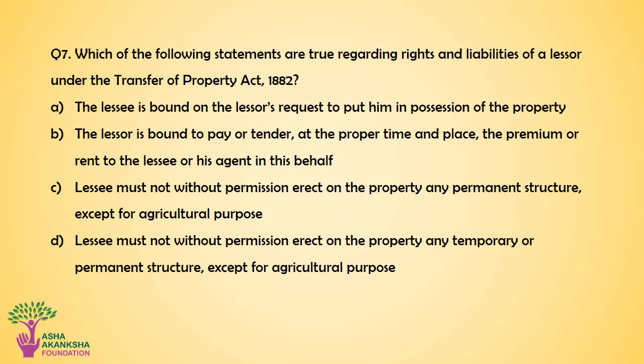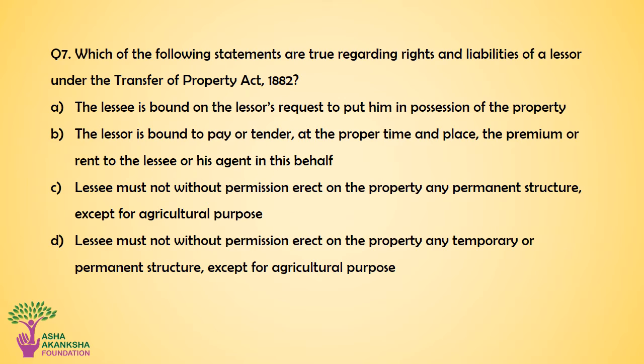Question number 7. Which of the following statements are true regarding rights and liabilities of a lessor under the Transfer of Property Act 1882? Option A. The lessee is bound on the lessor's request to put him in possession of the property. Option B. The lessor is bound to pay or tender at the proper time and place the premium or rent to the lessee or his agent in this behalf.